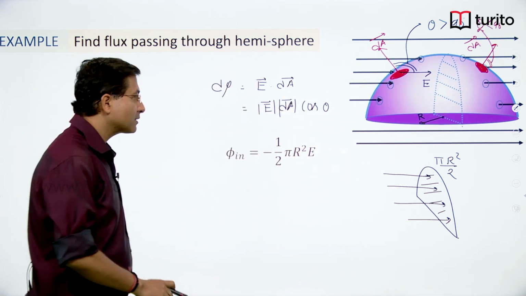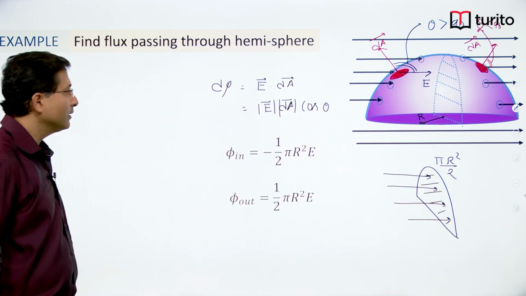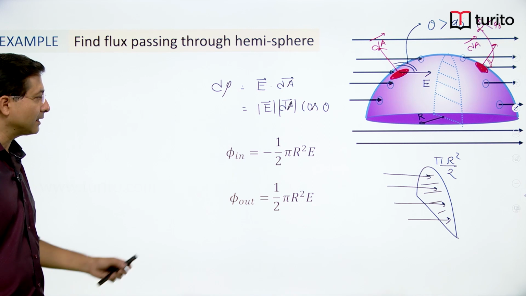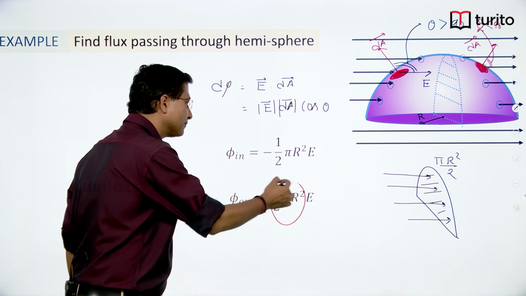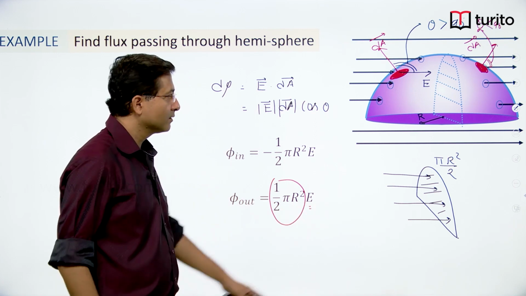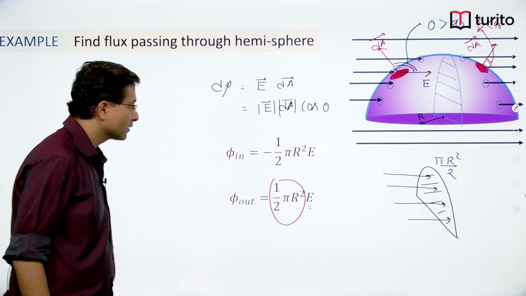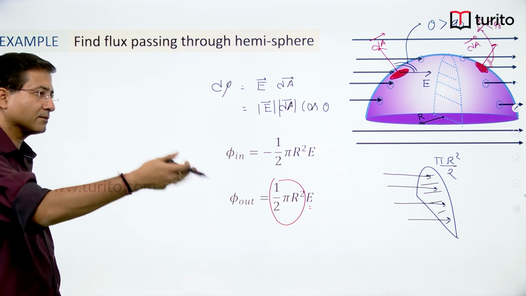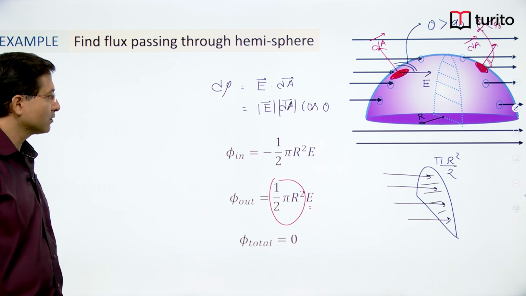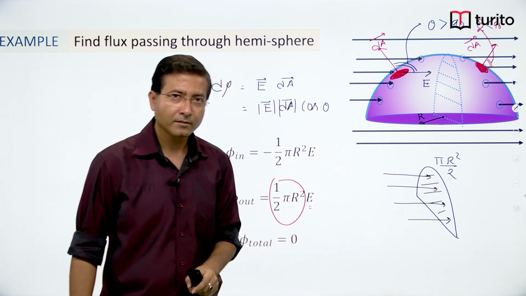So the flux leaving the hemisphere will be positive, pi r square by 2, this is area, into field. So again the same question, what is the total flux? What goes in comes out, so net flux is 0. So the total flux associated is 0, right.